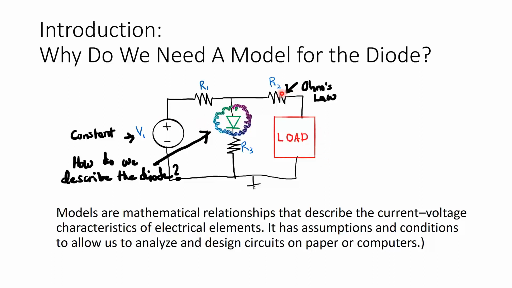If it is a resistor, I can use Ohm's law. Ohm's law is a mathematical model of the resistor. But for the diode, how do I deal with it? How do we describe the diode so that when I use circuit analytical techniques like Kirchhoff's voltage law and Kirchhoff's current law, I know how to replace this diode with some mathematical expressions?